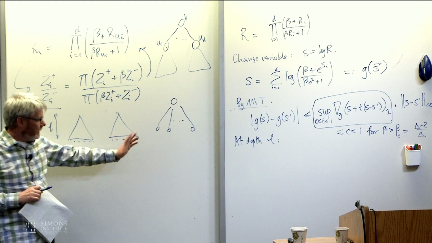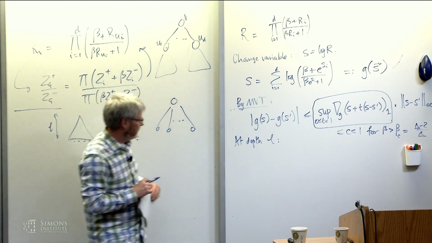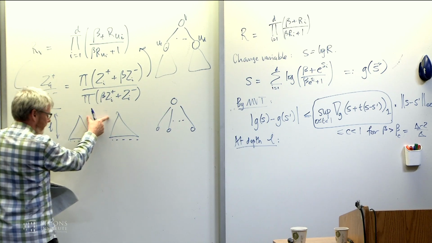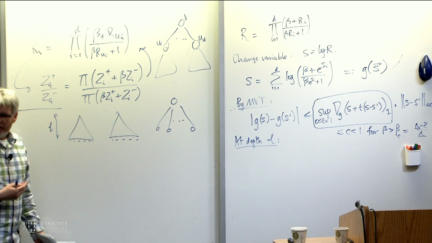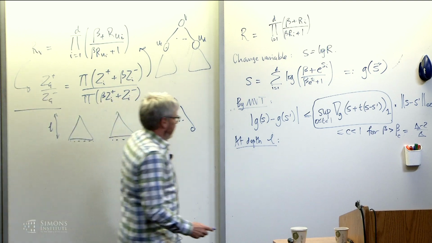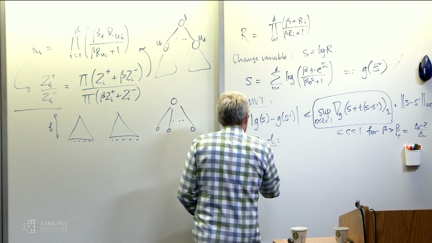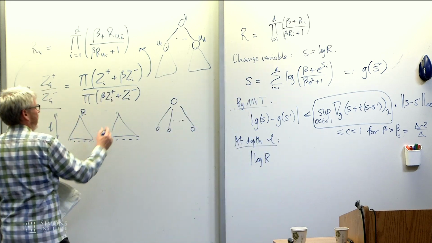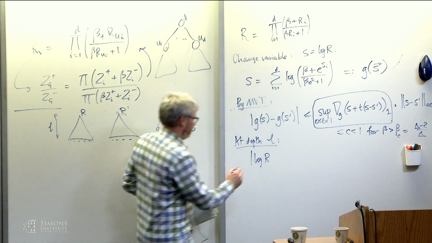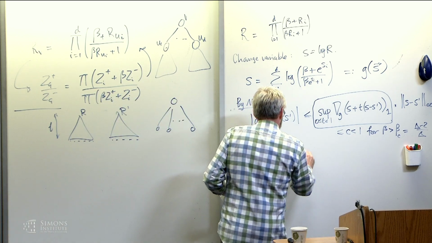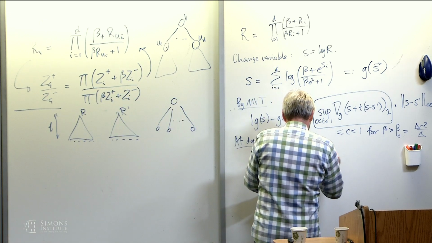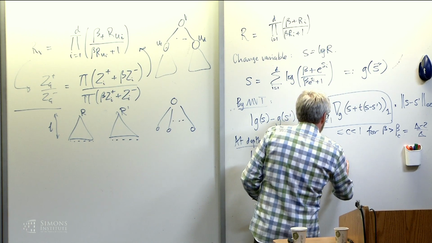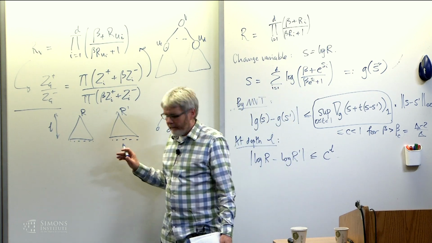Then I can ensure that I get a small error in the marginal at the root, provided my depth is large enough. So at depth L, let me call the exact ratio R, and R prime my computational one. This will be less than or equal to c to the L times the maximum error here.